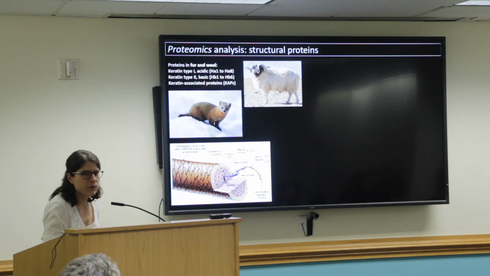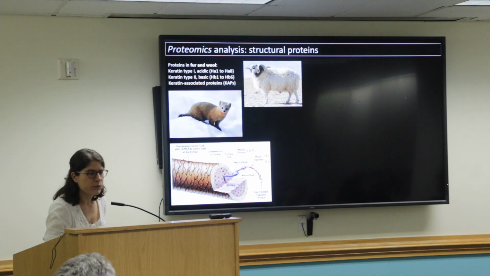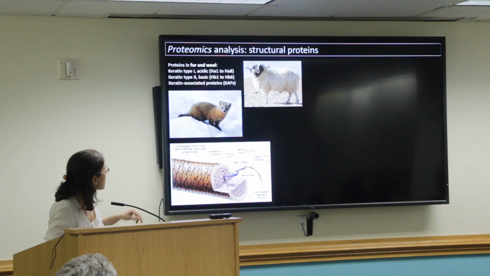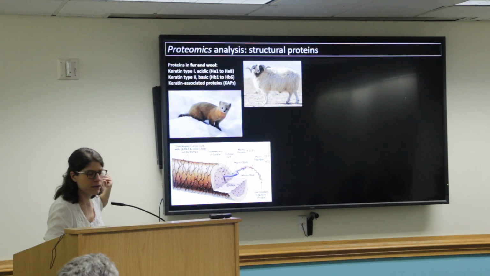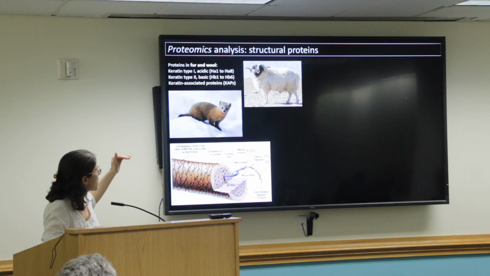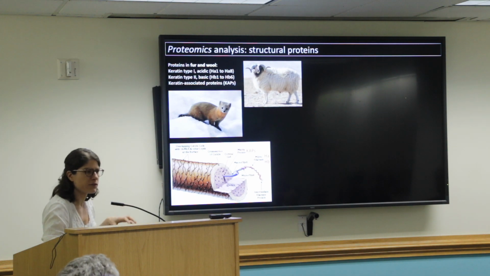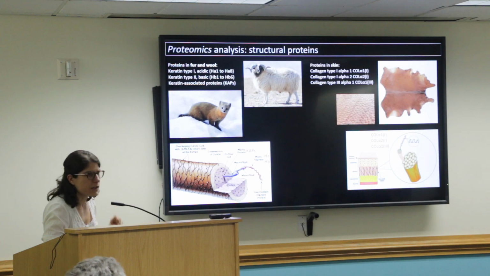So we have three categories of proteins we're going to be looking at. In fur, wool, and hair, we're going to be looking at keratins. We have two types of keratin, the acidic type and the basic type, and they form these sort of microfibrils. It's not just one protein, it's multiple proteins, but they have similar sequences and structure. In skin, we're going to be looking at collagens.